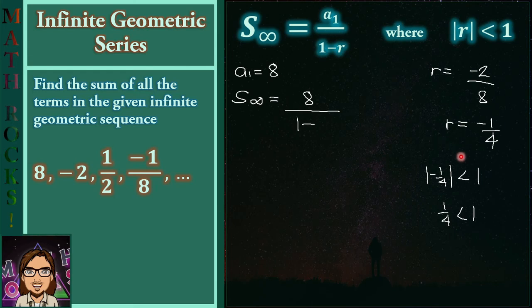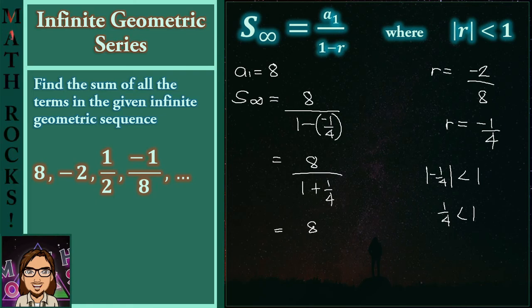So we have this value of -1/4. So let us start simplifying this expression on the right-hand side of the equal sign. And we have 1. So 1 minus -1/4 is actually 1 plus 1/4, and it actually gives us 5/4.